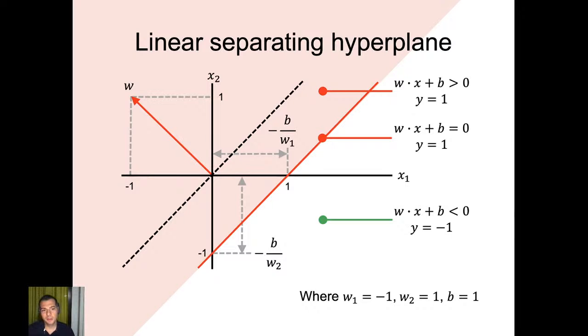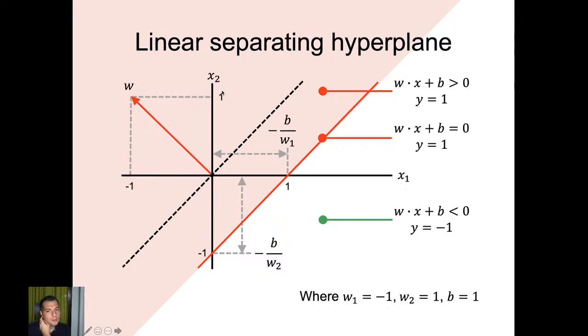Two-dimensional means that the input vectors x have two dimensions, x1 and x2. For each of these components we have some weights assigned: a weight W1 assigned to x1, and a weight W2 assigned to x2.